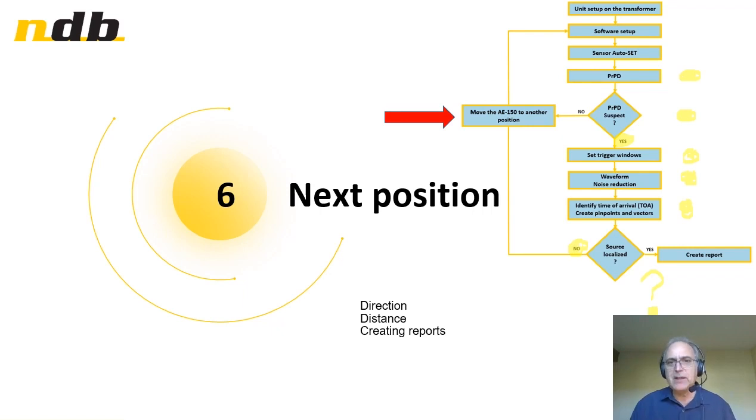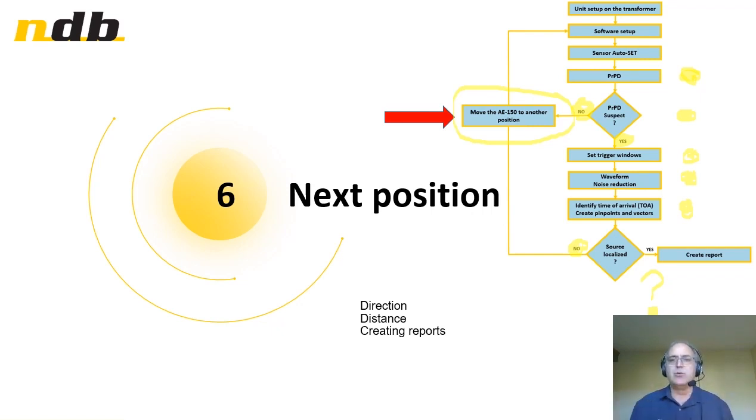This could be used to confirm or to obtain vector crossing. Or let's say if we made a PRPD and the PRPD was not suspect, we will move to another position. Let's say that the transformer is totally new, no PDs inside.